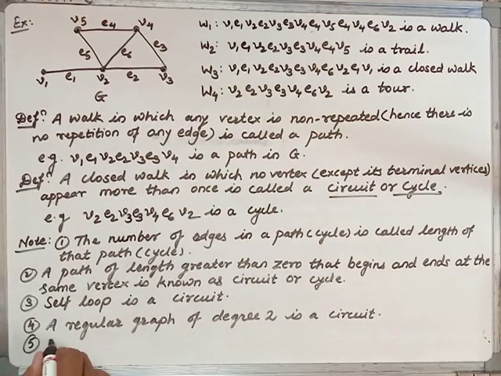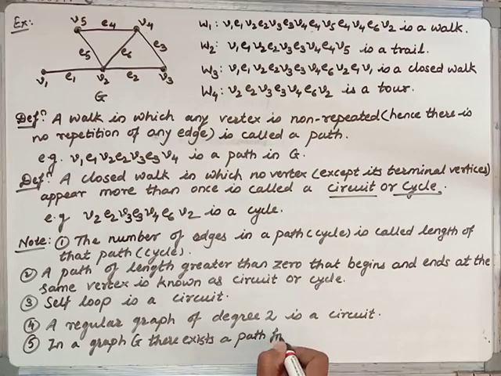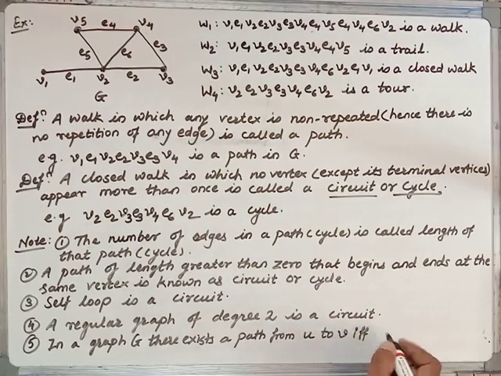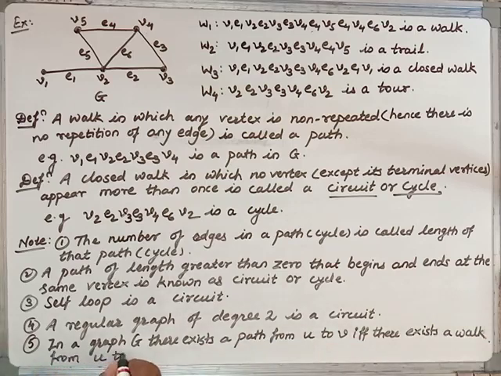Fine. Then in a graph G there exists a path from U to V if and only if there exists a walk from U to V. Here in a graph G, there will be a path if and only if there exists a walk.